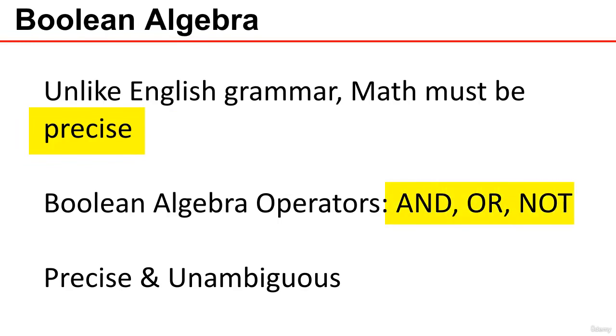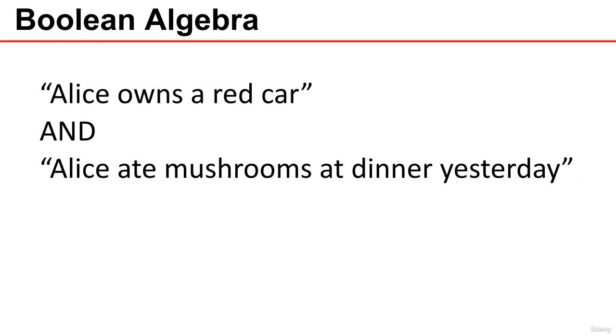In Boolean algebra, ideas are combined using the operators and, or, and not. These operators have a precise meaning. There is no ambiguity. Using the grammar of Boolean logic, the two ideas we discussed can be combined like this.